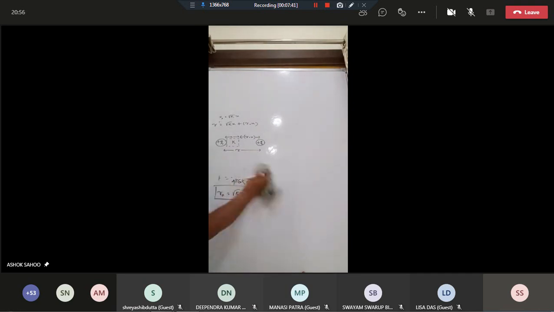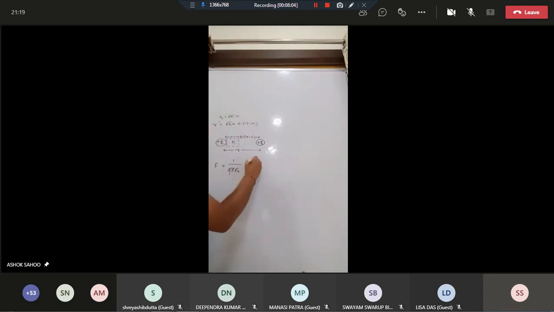Now the general Coulomb force formula: F equal to 1 by 4 pi epsilon naught. Don't use K here, because the total separation is already in terms of the equivalent.